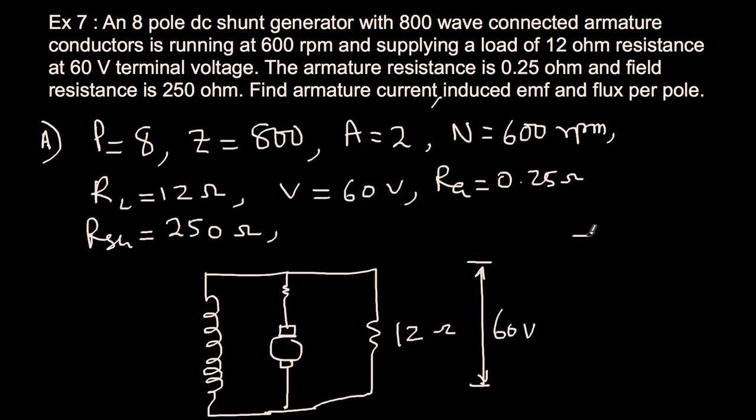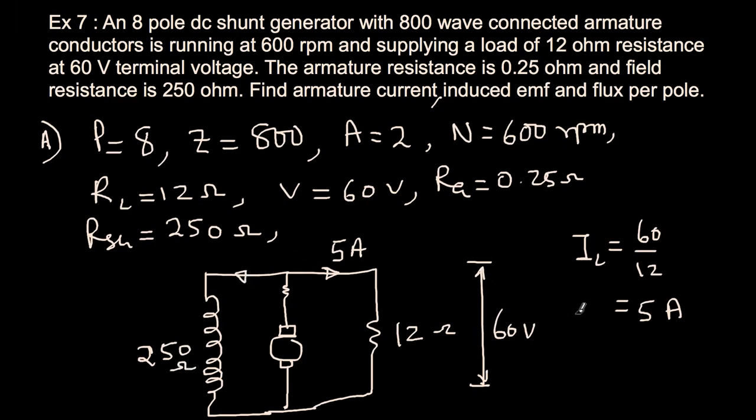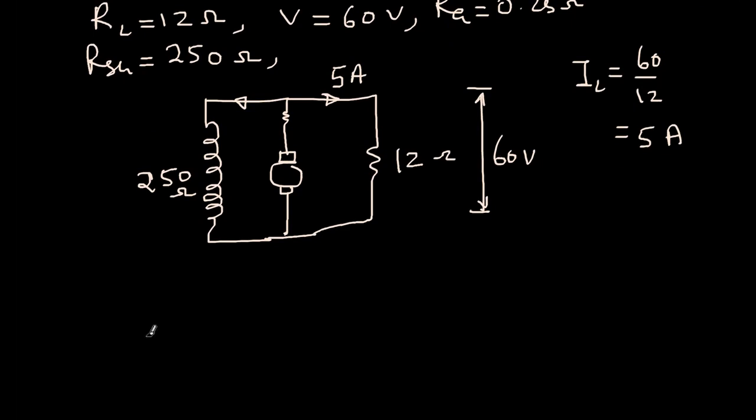So the load current will be nothing but the division of these two: 60 divided by 12, so that will be 5 amperes. 12 into 5 is 60. What about the field current? This is 250 ohms. The field current I can calculate. The voltage is 60 volts, so ISH, the shunt current or IF, will be 60 divided by 250.